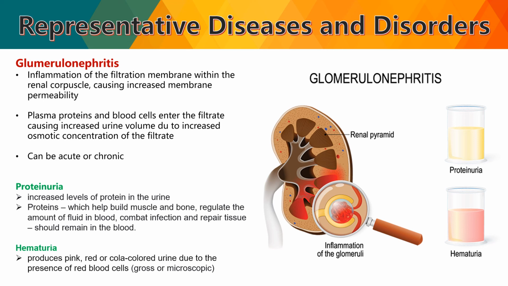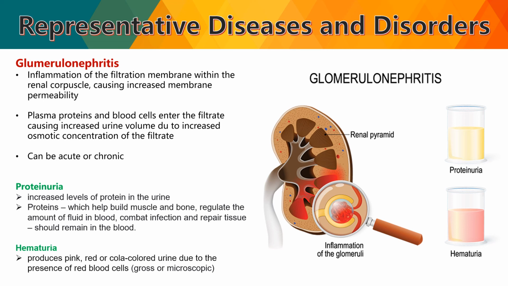With this, plasma proteins and blood cells enter the filtrate, causing increased urine volume due to the increased osmotic concentration of the filtrate, and it can be acute or chronic. When you say acute, it's a short-term disease, and when you say chronic, it's a long-term or progressive type of disease until the kidneys become non-functional.